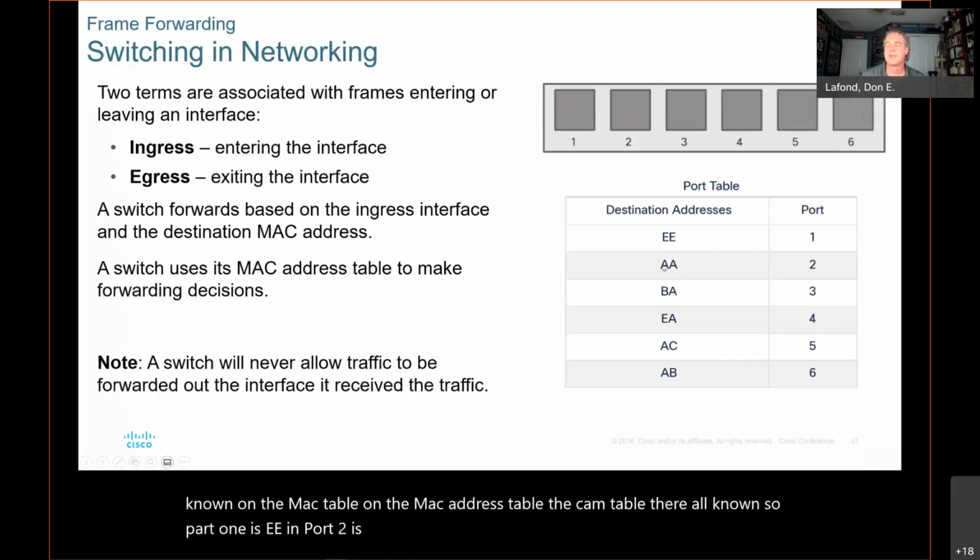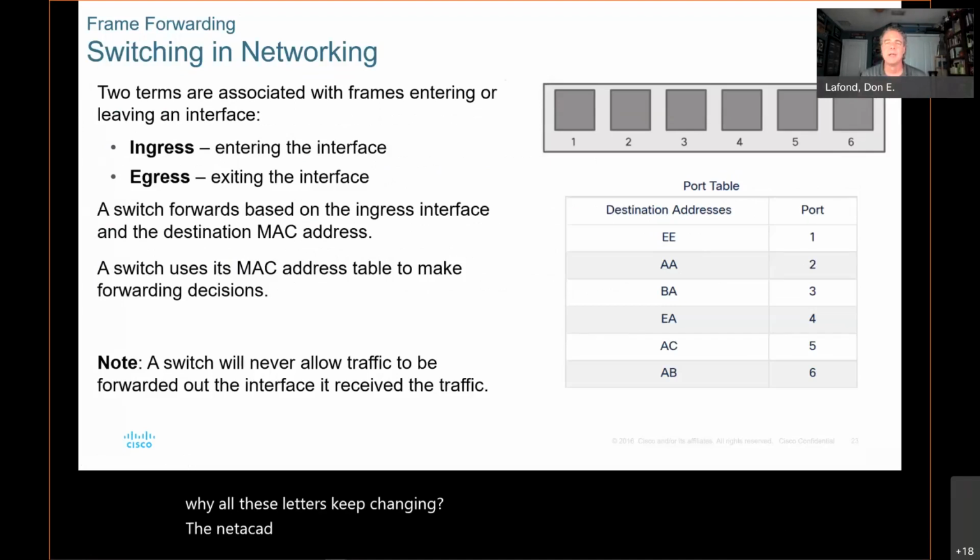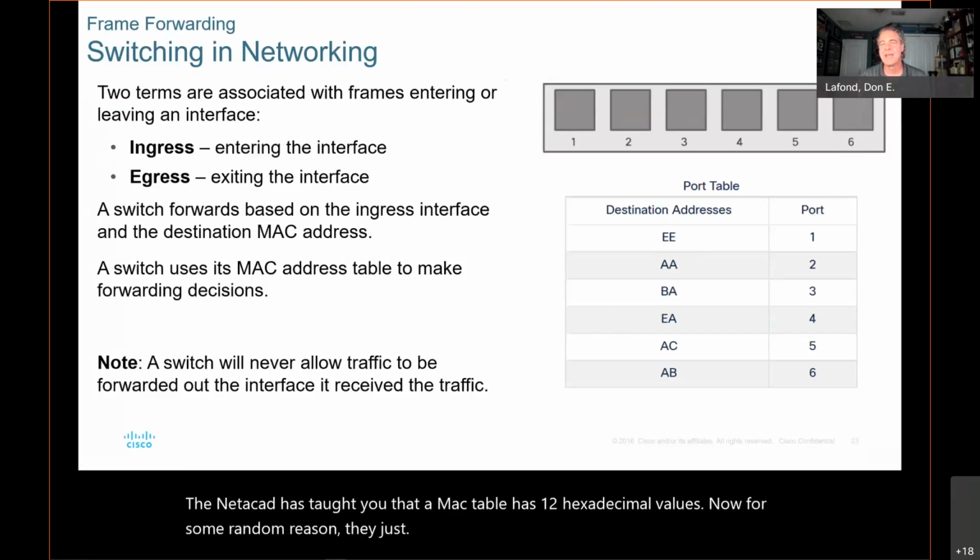Now, just to clarify, if you're confused by why all these letters keep changing, the NetAcad has taught you that a MAC table has 12 hexadecimal values. Now, for some random reason, they just change how they present it.